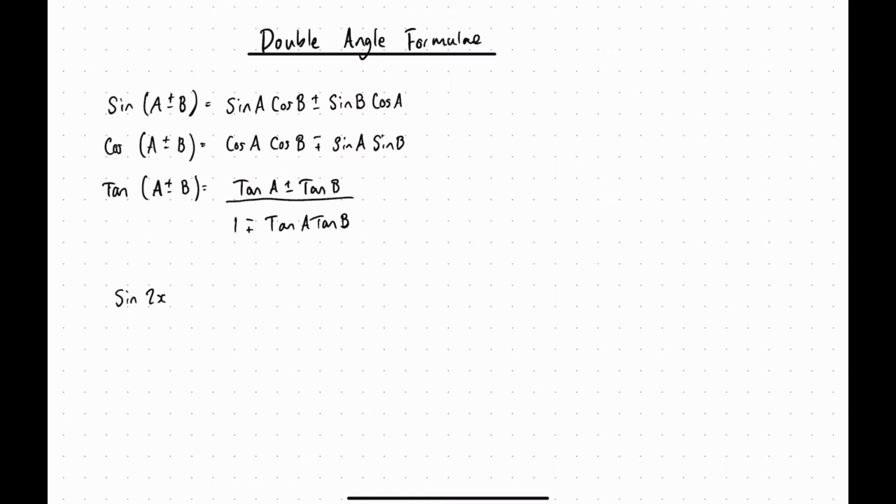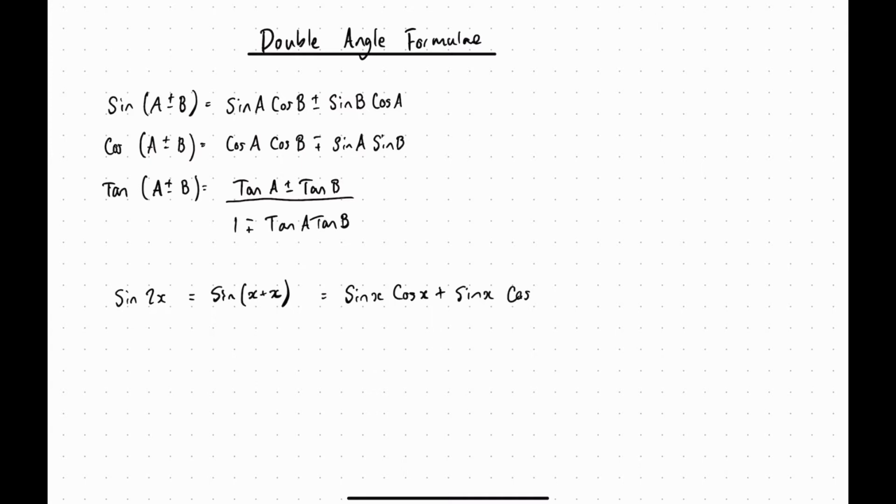Okay, so the way to consider what is sine 2x is to think of it as sine x plus x, where a is x and b is x. So when I replace in my compound angle formulae a and b with x, you get sine x cos x plus, because I've put plus in the middle there, plus sine x cos x.